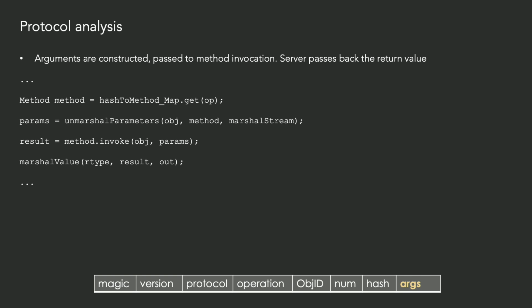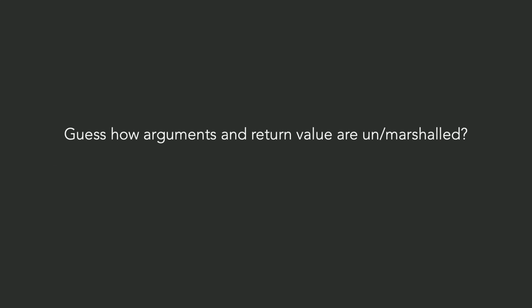And lastly, are the arguments. They are passed onto the wire. The server will accept the arguments, invoke the actual method with them, and then return the value. So let's guess how the arguments and the return value are marshaled under the wire.